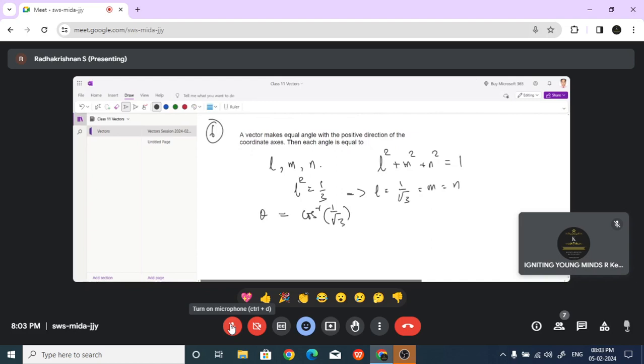Option number 1. Okay. Now, the vectors A minus B, B minus C, C minus A, there are 4 options given.